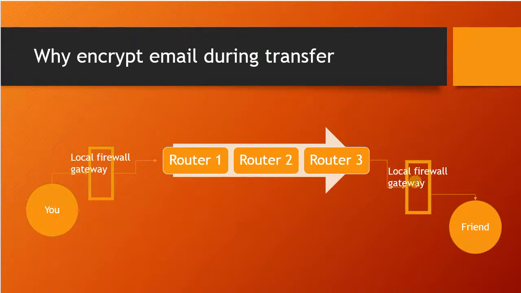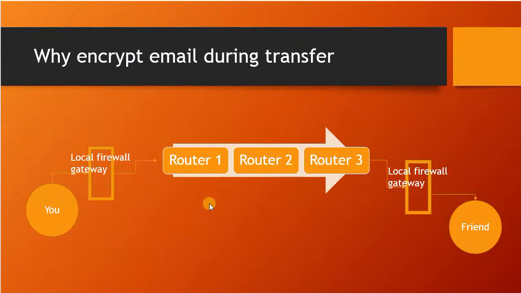Once it hits the destination server, it will go to another firewall or gateway. Then after that, it will be delivered to your friend's or your receiver's computer or email. Okay.